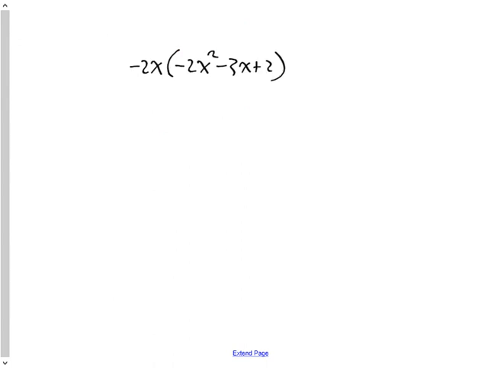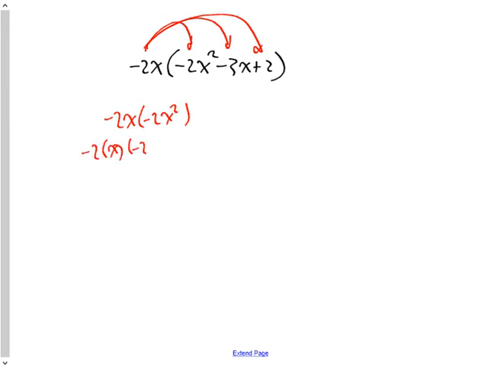Our next question is the multiplication of a trinomial by a monomial, and in order to do this, we need to utilize the distributive property. -2x times -2x squared is the same thing as -2 times x times -2 times x times x, or 4x cubed.